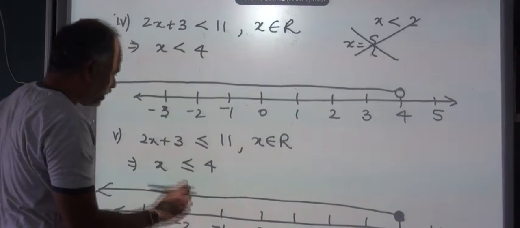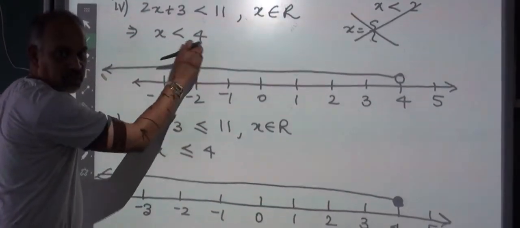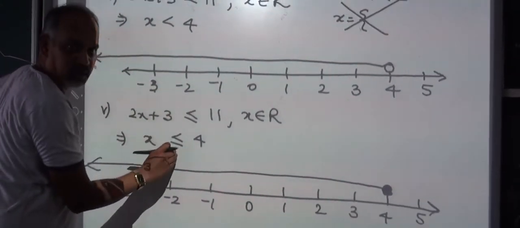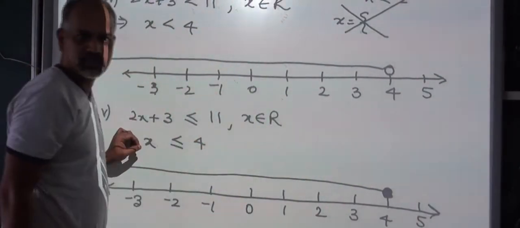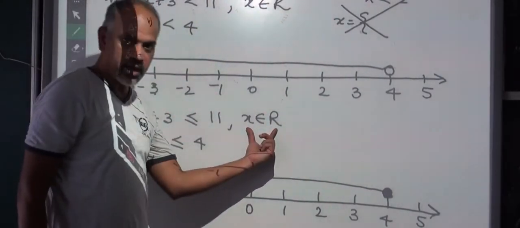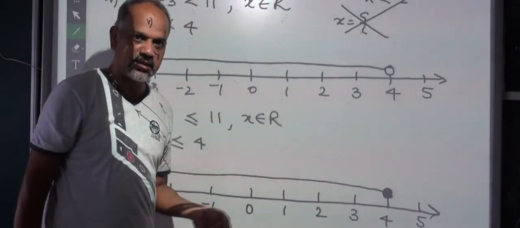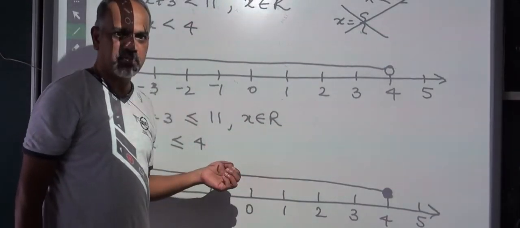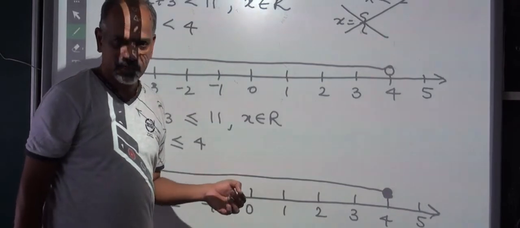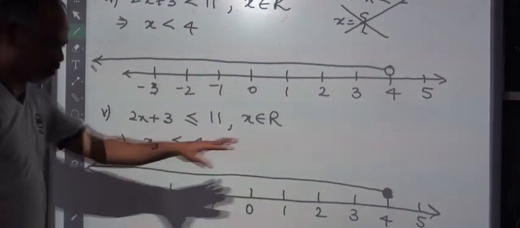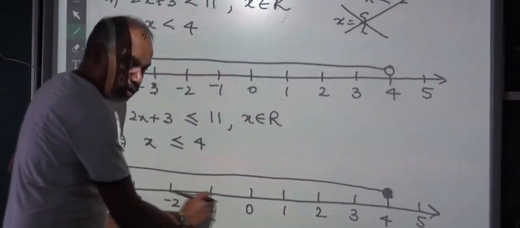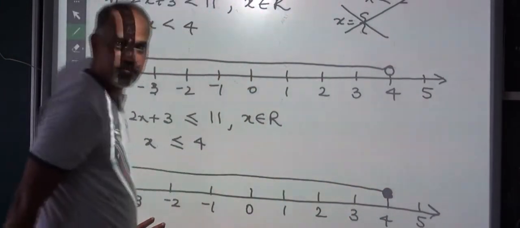If you solve this, it's similar to this, x is less than or equal to 4, and x belongs to real numbers. Again, it belongs to real numbers, therefore we cannot write this as a set. The only possible way it can be represented is on a number line. So draw the number line the same way, with arrows on both sides. Mark all these values which are required.